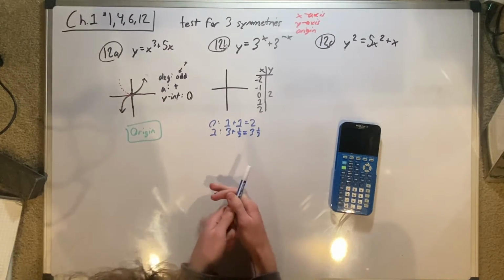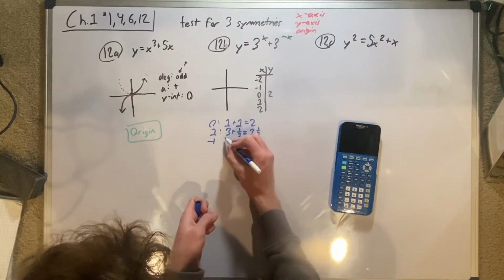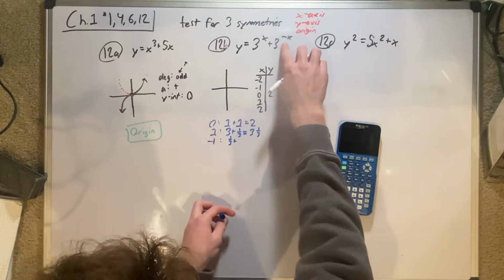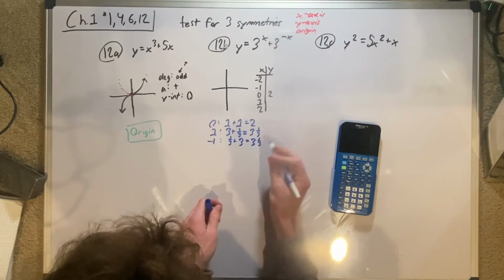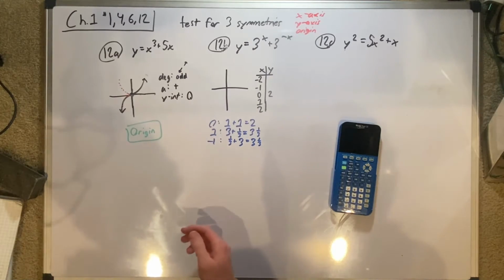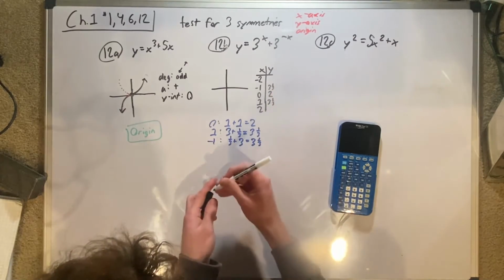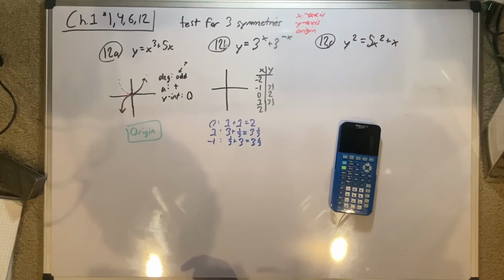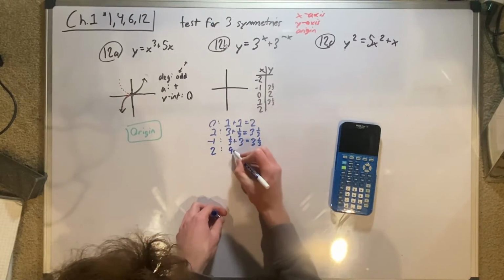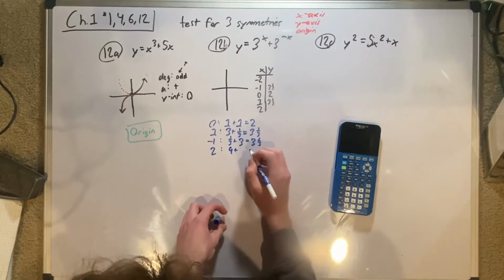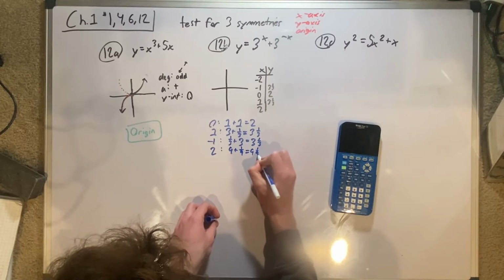Okay? And then now let's do -1. Let's just reflect it over. So for -1, that would be 1/3 plus 3, which is also 3 1/3. So let's just write these in: 3 1/3, 3 1/3. And then now let's do our 2's. 3 to the 2nd is 9, plus 3 to the -2nd, which is 1/9, is equal to 9 1/9.